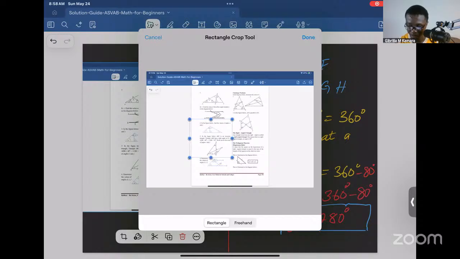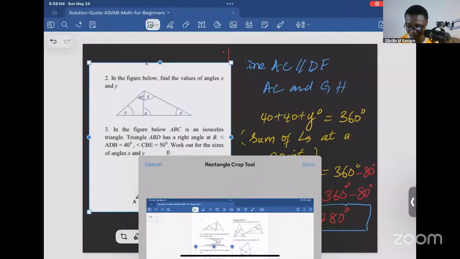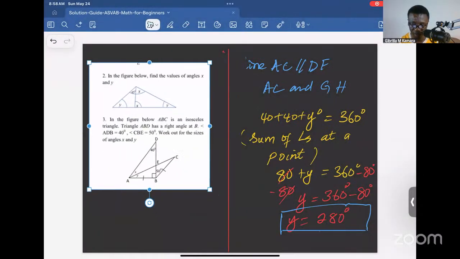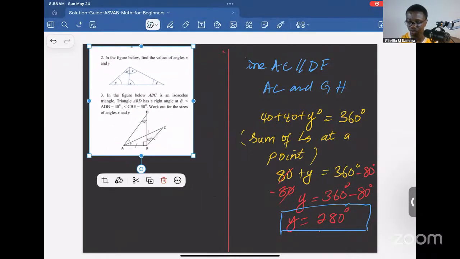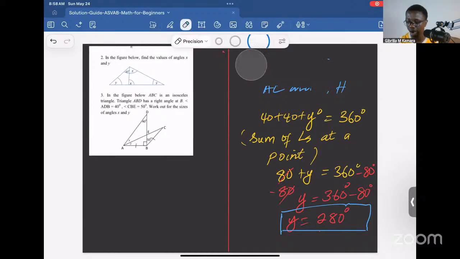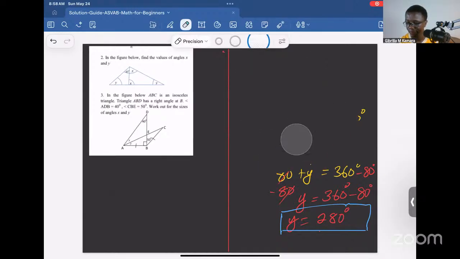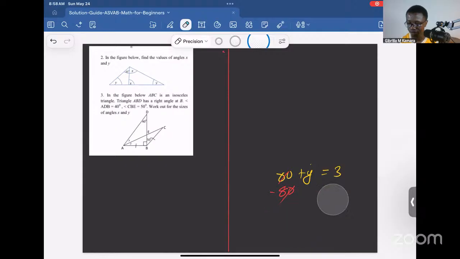Okay. So now we have these two fresh questions. Question 2 says, in the figure below, find the values of x and y.